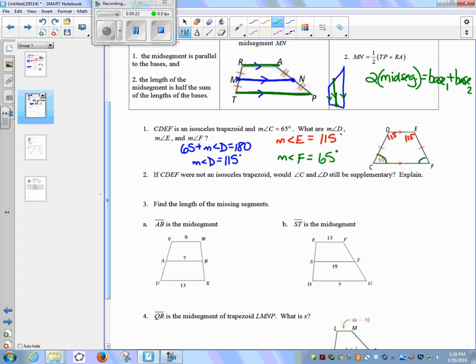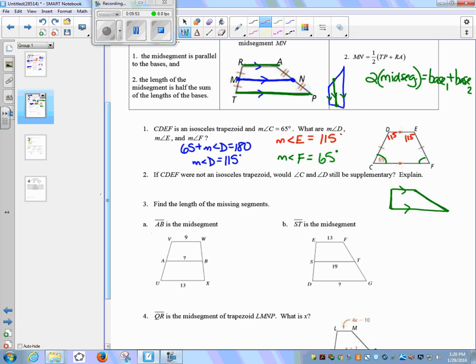Okay, if CDEF were not an isosceles trapezoid, would C and D still be supplementary? So let's make this trapezoid not isosceles. Maybe that still looks a little too isosceles. Not isosceles. So these are parallel, and the two legs are not congruent, not parallel.